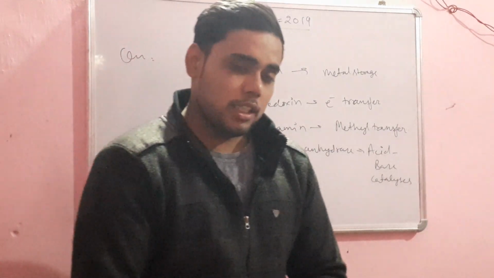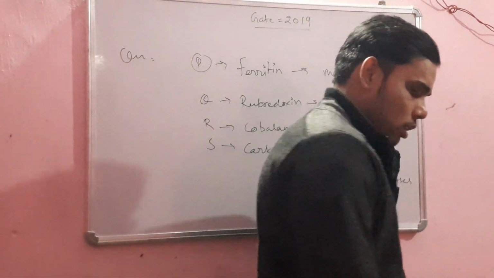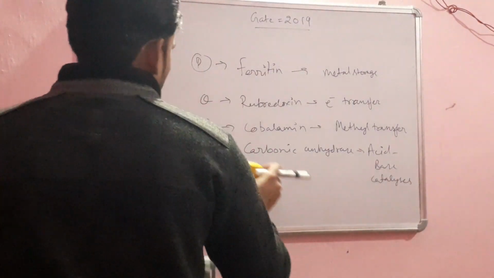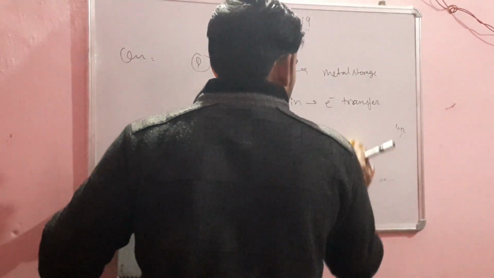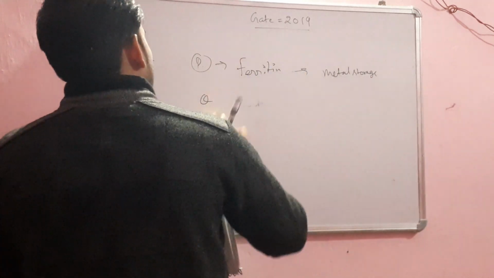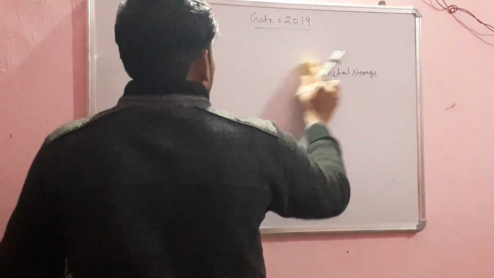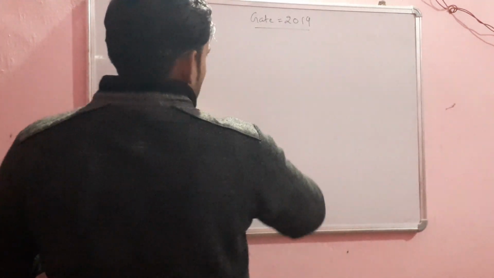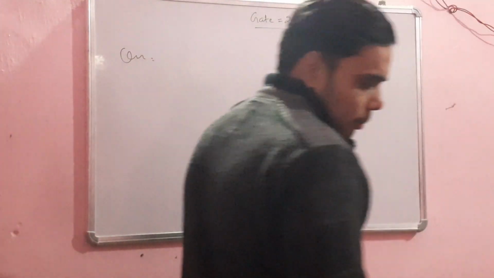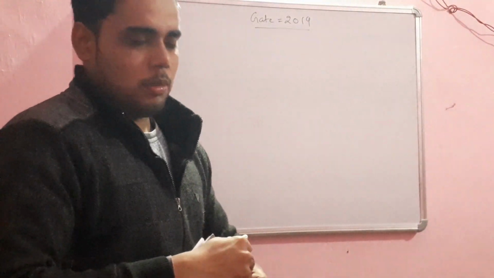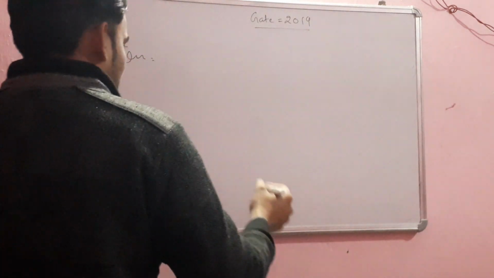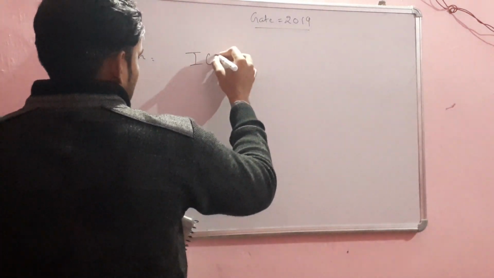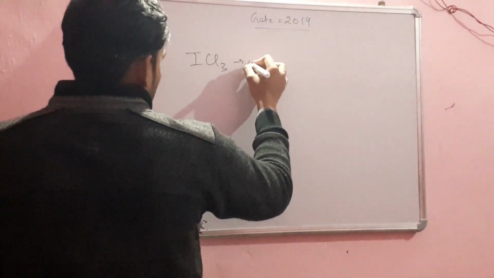The next question is on interhalogen compounds. What are interhalogen compounds? It is a topic of main group chemistry. One such interhalogen compound is ICl3.